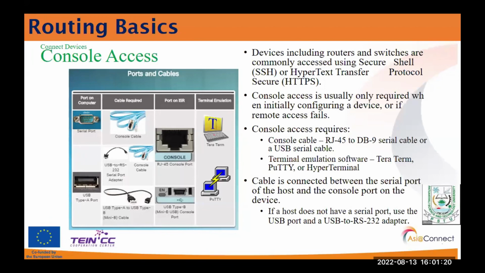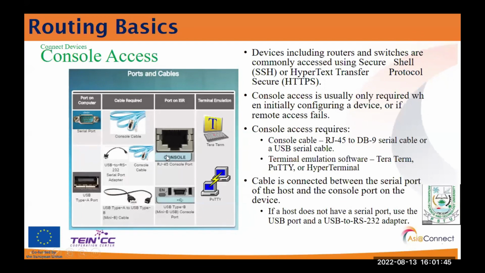Basically, there are a few types of console access. The port on the computer, basically a serial port, and a console cable are required, and there may also be an RJ45 console port that you can use for accessing it with this cable. You need different kinds of emulation software like Tera Term or PuTTY. Then you can access the router.